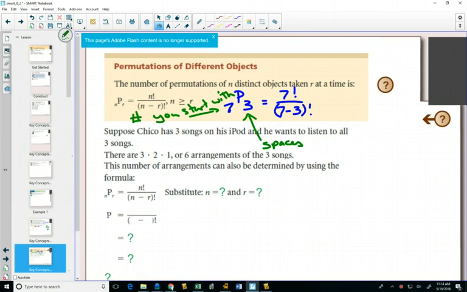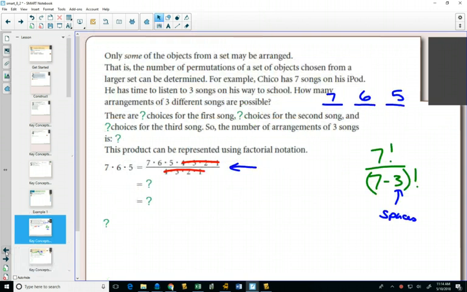So where might this permutation formula come in handy? Well, maybe after a month of having his iPhone, Chico downloads a bunch more music and now has 300 songs on his phone. He also moves 7 miles further away from school, but his parents still make him walk. So he can now listen to 22 songs on the way to school instead of 3. How many playlists could you make now? Well, you could do 22 spaces showing your work, right?